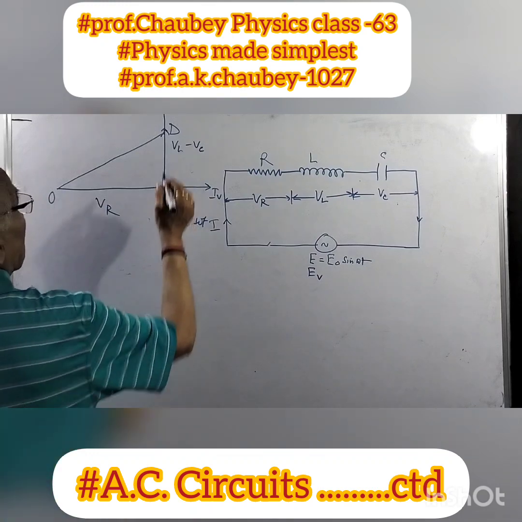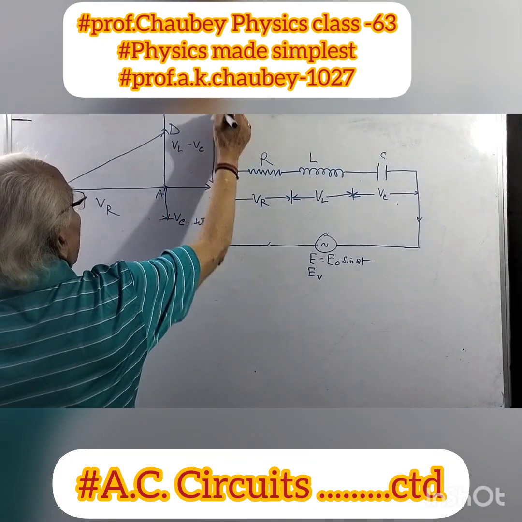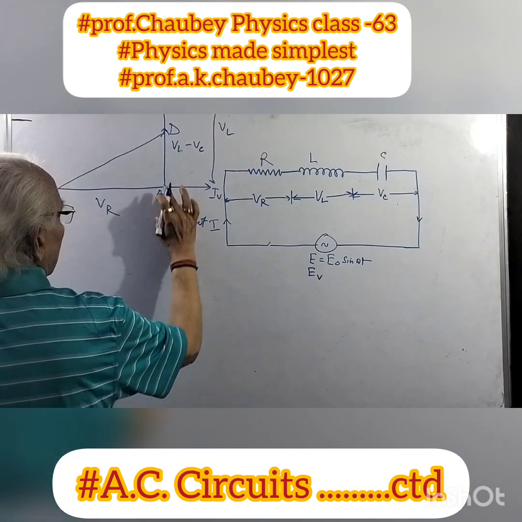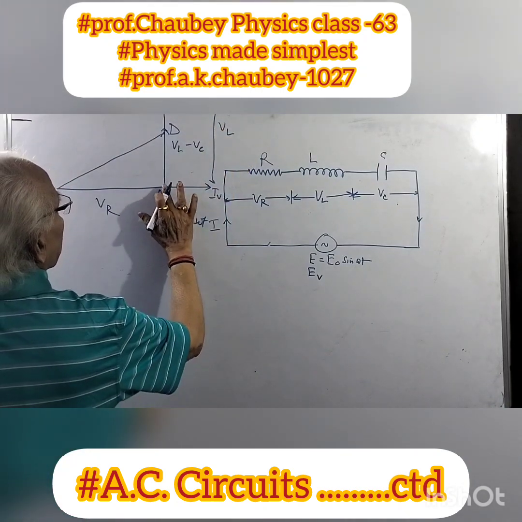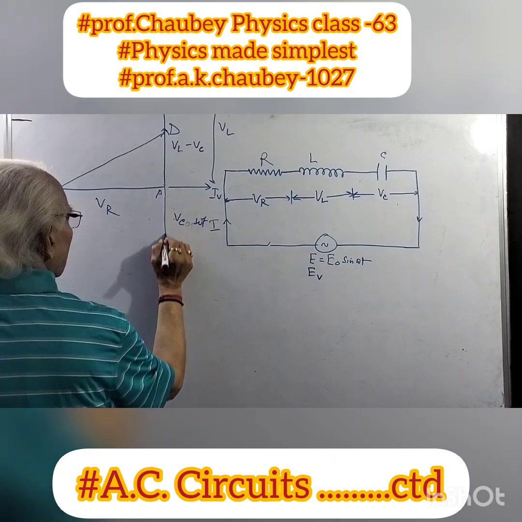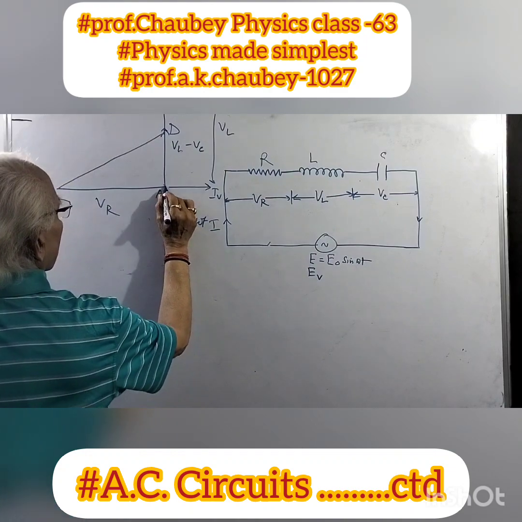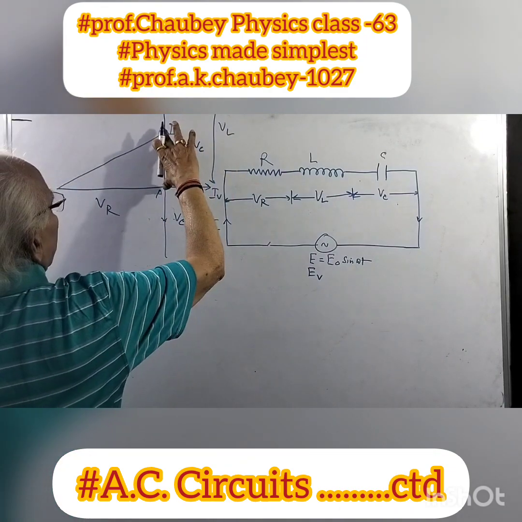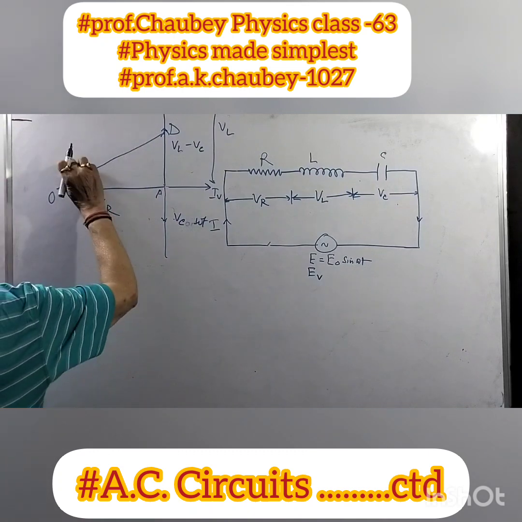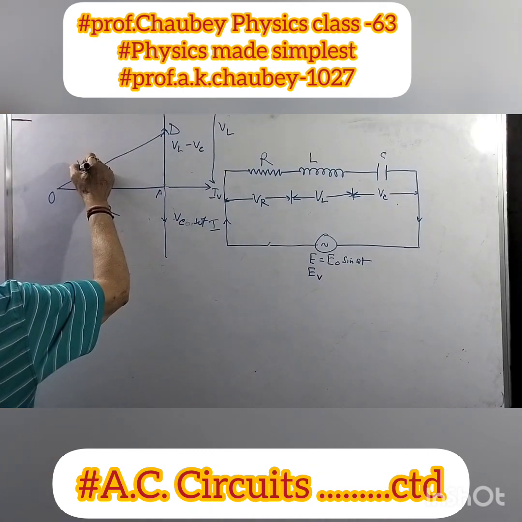This value was VL, this value is VC, on the negative axis. So that is VL minus VC on this side. So this becomes a resultant, and that is the EV.